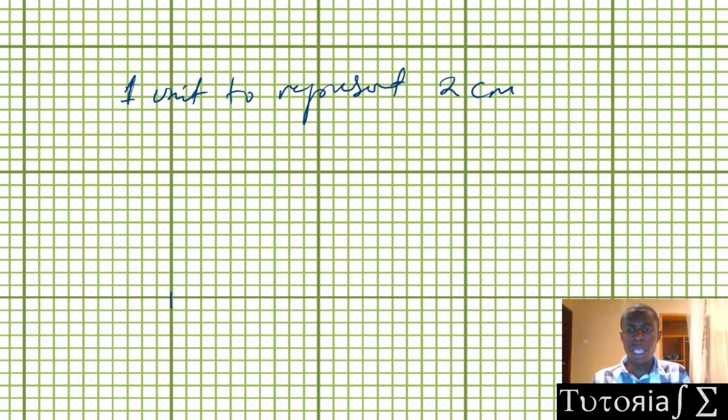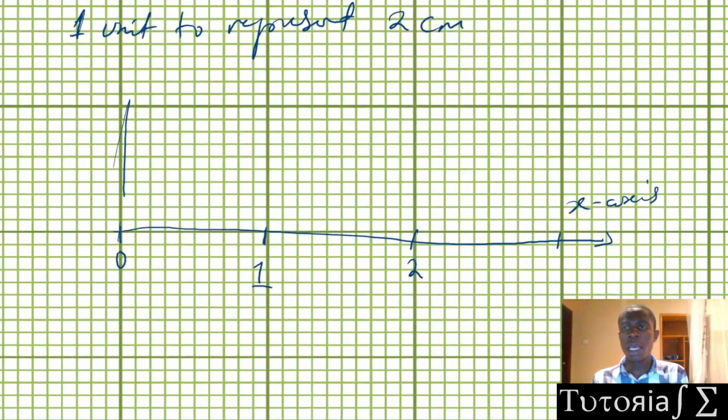So from here, that would be your 0, then 1 unit to represent 2 centimeters. 2 centimeters is from this solid block to the other solid block. So from 0, that will be another 1. So 1, so that will be 2, then 3, and so on and so forth. This is what we call the x-axis. Then same applies in this direction. That is what we call the y-axis.